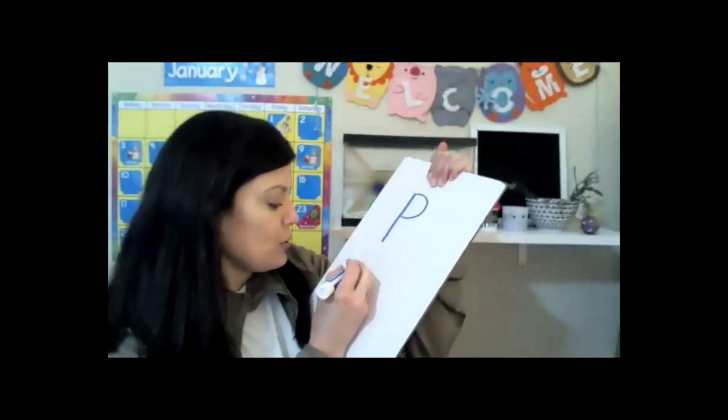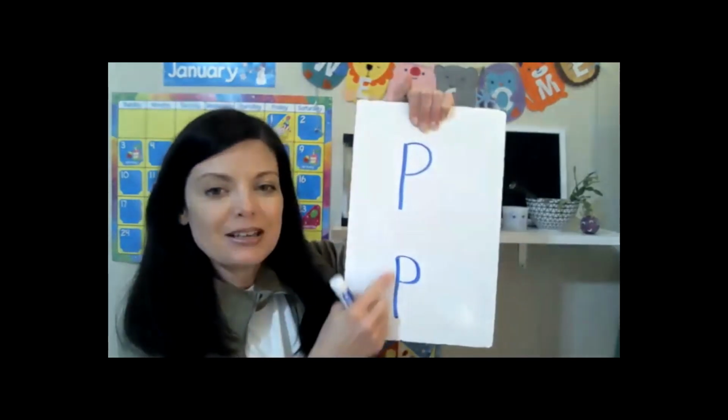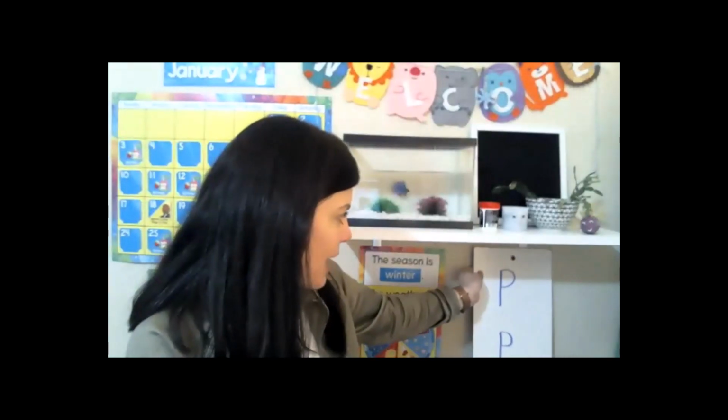Did you know that the lowercase p looks exactly like uppercase P? So I'm going to write it again, though, for you just to show you. They look the same, so it's just the 1 and the bubble. But on the handwriting house, our lowercase p is going to be a little bit further down. Since this is a little letter, we're going to start downstairs, but it's a teenage letter.